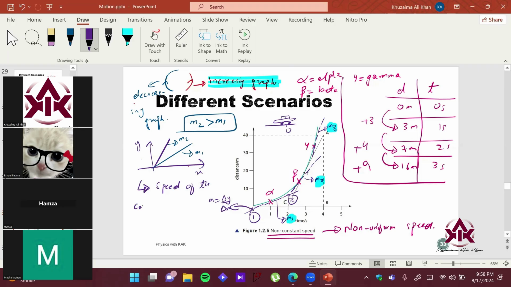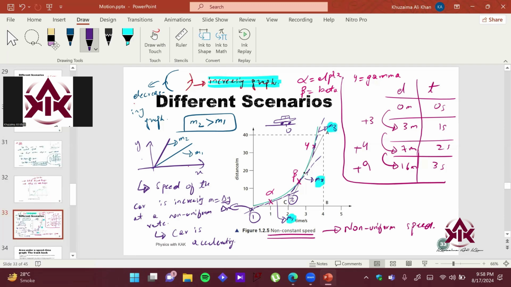Speed of the car is increasing at a non-uniform rate, right? Because slopes की value same नहीं होगी, this would be increasing, right? Or you can say कि the car is accelerating, right? So अब accelerating क्यों हो रहा है, right?